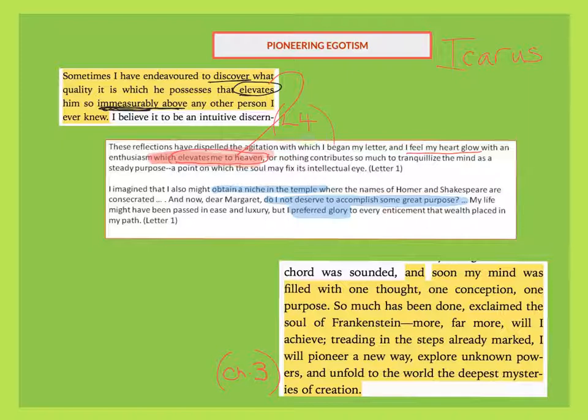You could go a bit further with this. You could almost say that Mary Shelley is showing Robert Walton and characters of his mindset. Are they really devoted to a particular field? Or does the pursuit of glory, as you can see there, and a great purpose and a sense of accomplishment, trump or supersede the field in which they devote themselves?